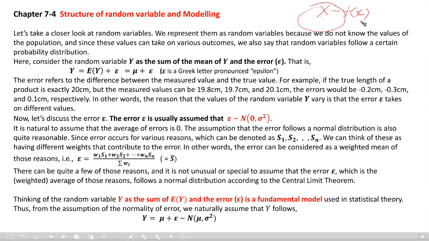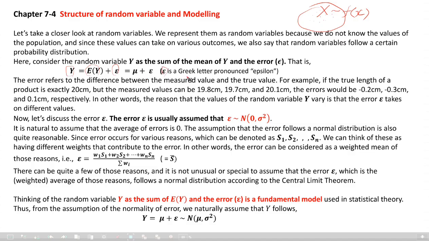Now we take y instead of x in this chapter. Here, consider random variable y as the sum of the mean and an error epsilon. That is, random variable y consists of its mean plus epsilon.